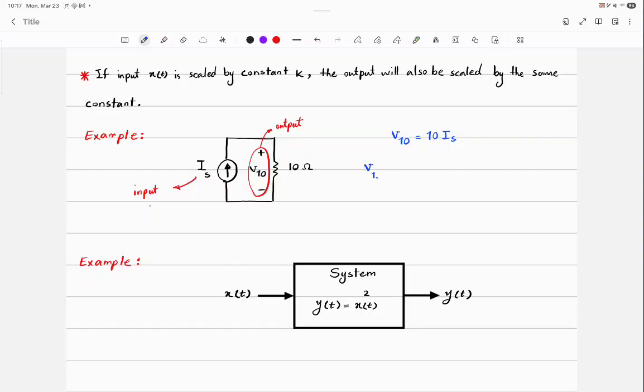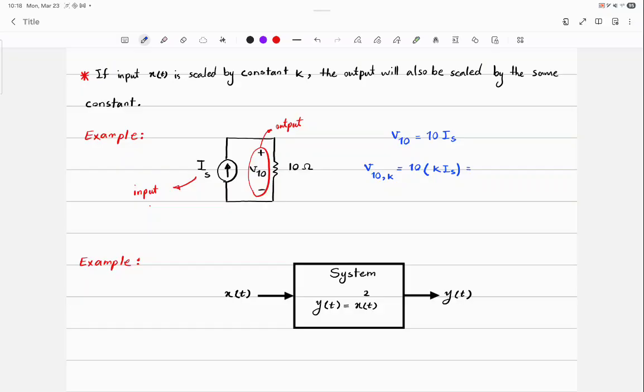Now, what happens if I want to calculate the output of k times the input? Do you agree that I should replace the input by k is? So instead of is, I've substituted kis, right?